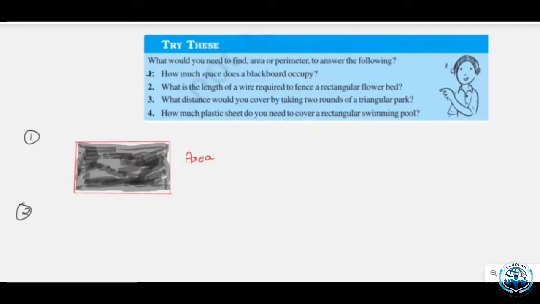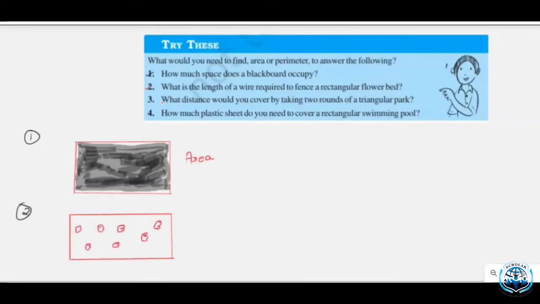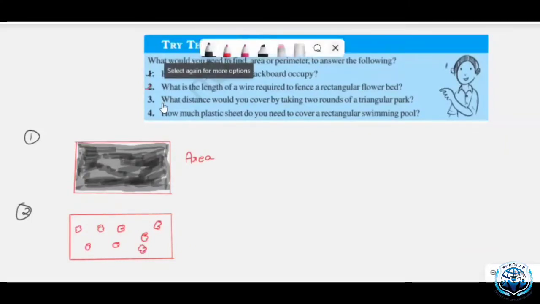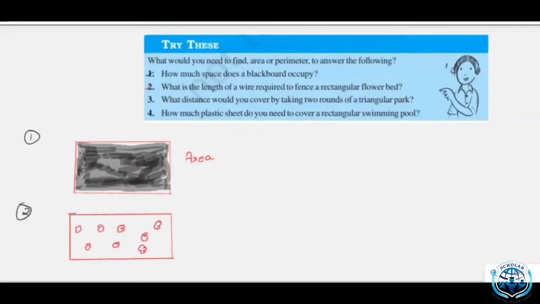The second one is, what is the length of a wire required to fence a rectangular flower bed? Let's draw the flower bed. This is rectangular in shape and it has many beautiful flowers. So if you have to protect the flowers, you have to fence the flower bed. What will you do?